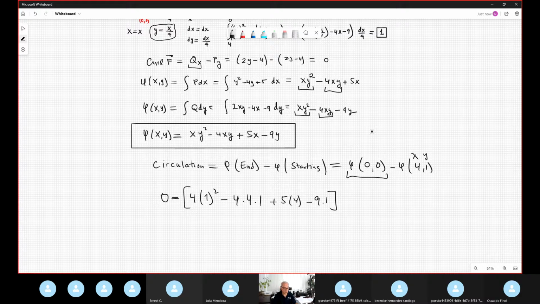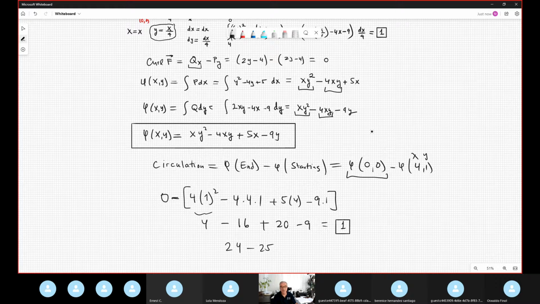Cool. This is 4. This is 16. This is 20. And this is 9. So we have, let me see, the positive part is 24 and the negative part is 25, and 24 minus 25 is negative 1. But don't forget the negative 1 that we have in front, and the double negative becomes positive.